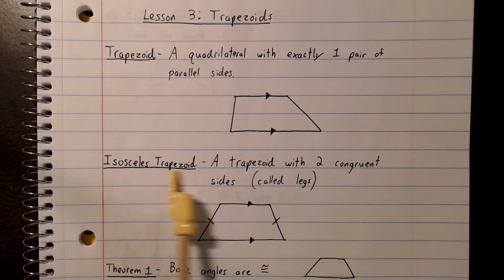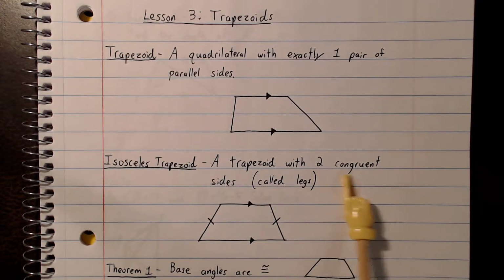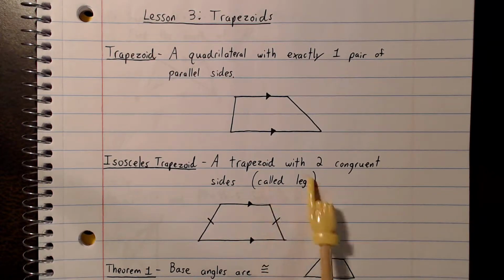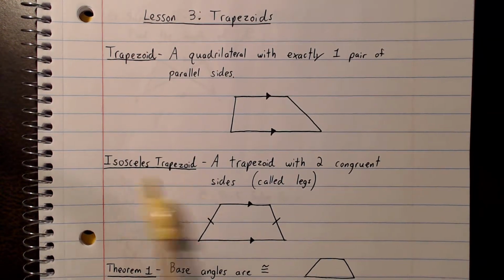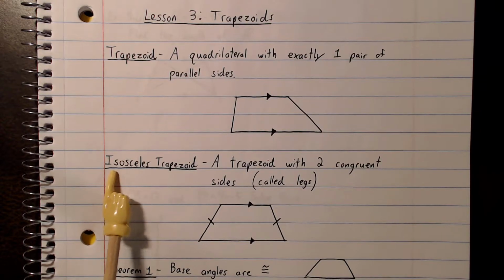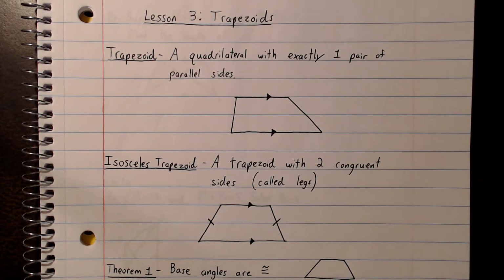That's because you usually see an isosceles trapezoid, which is a trapezoid with two congruent sides, which we call legs. So it still has the one pair of parallel sides, but now we have those equal legs. So trapezoid, isosceles trapezoid. This is the famous cousin, and this is the lesser known, right?